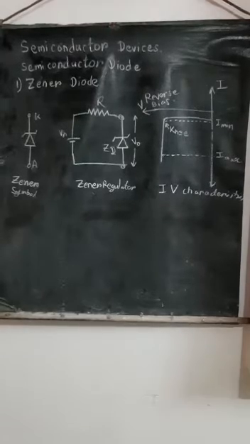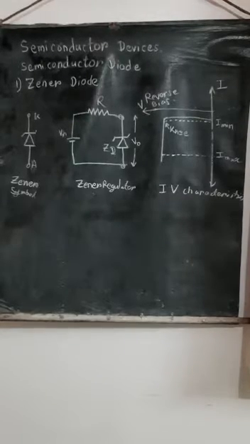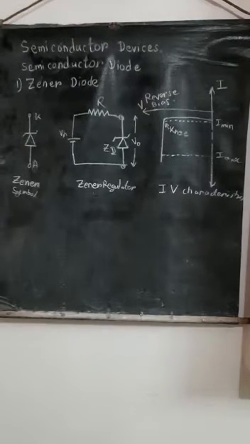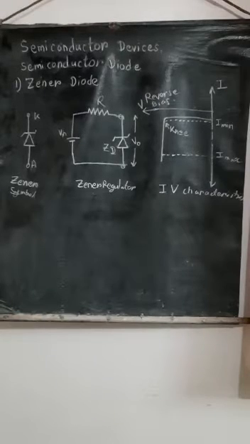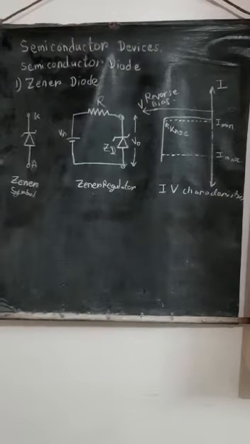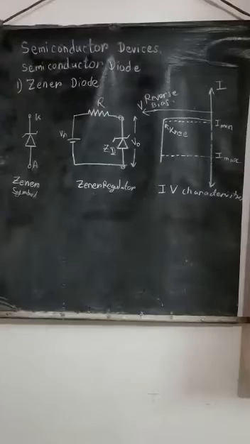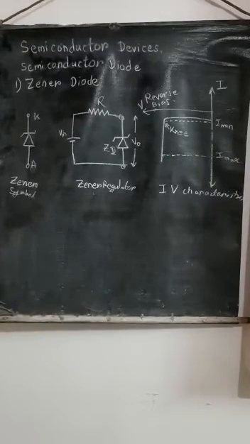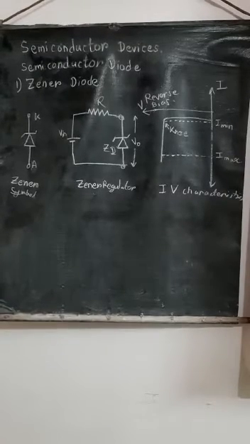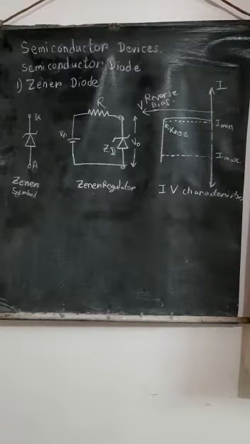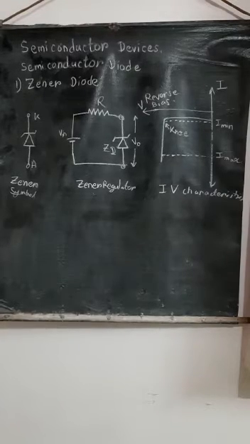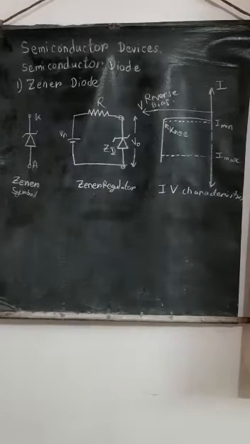In forward bias it conducts just like a diode. जैसे डायोड कंडक्ट होता है वैसे वो फॉरवर्ड बायस में कंडक्ट करता है, लेकिन we have to use this diode in reverse bias. Means we have to give reverse voltage to this diode. It is therefore very important to know about these reverse characteristics.